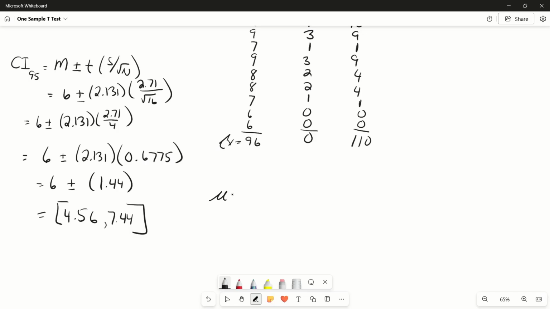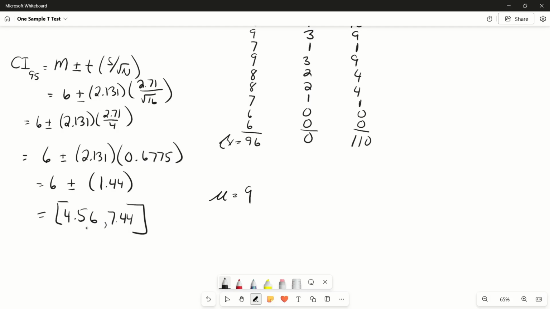So if I was comparing it against a population mean of 9, right? And I said, is this sample significantly different compared to a population with a mean of 9? 9 is not in this interval. So I would say it's statistically different. It's statistically significant at the 0.05 level, because it's a 95% confidence interval.